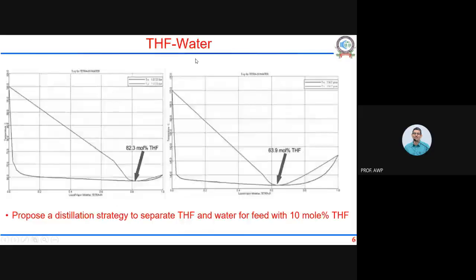Same way here also, THF and water are completely miscible with each other in all proportions. That means they formed a single liquid phase at all compositions.